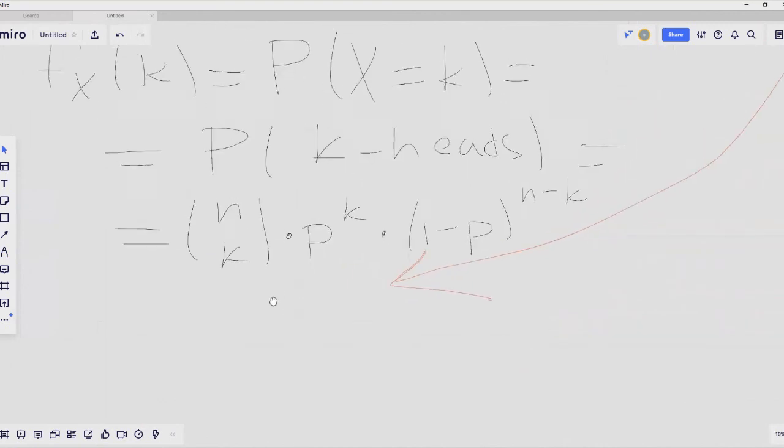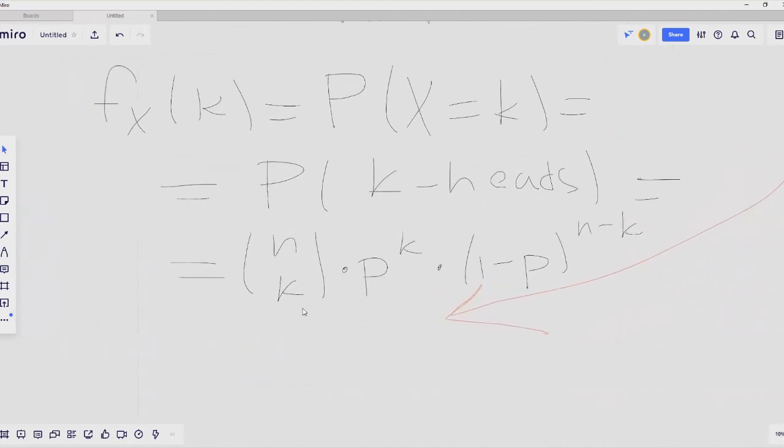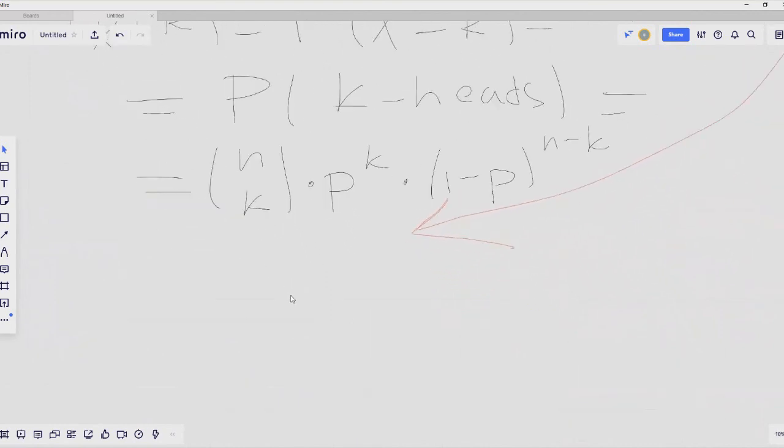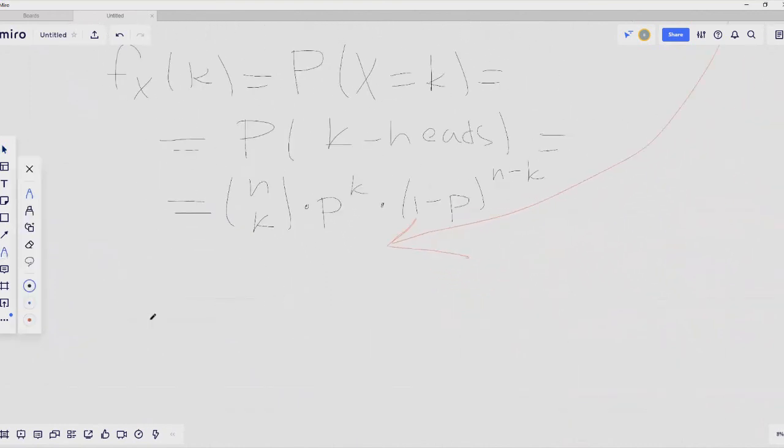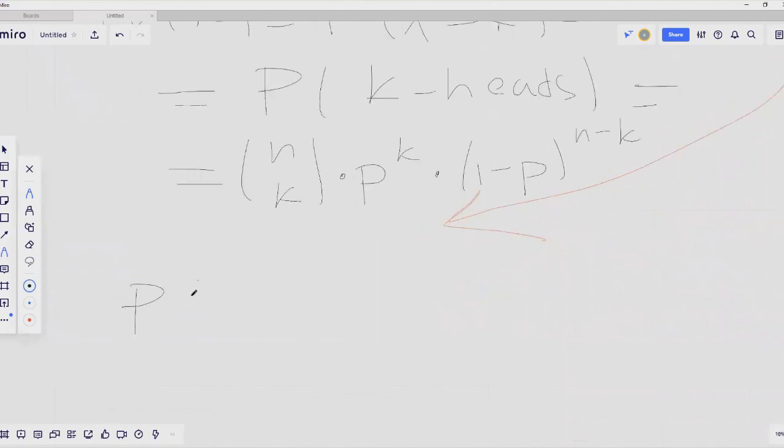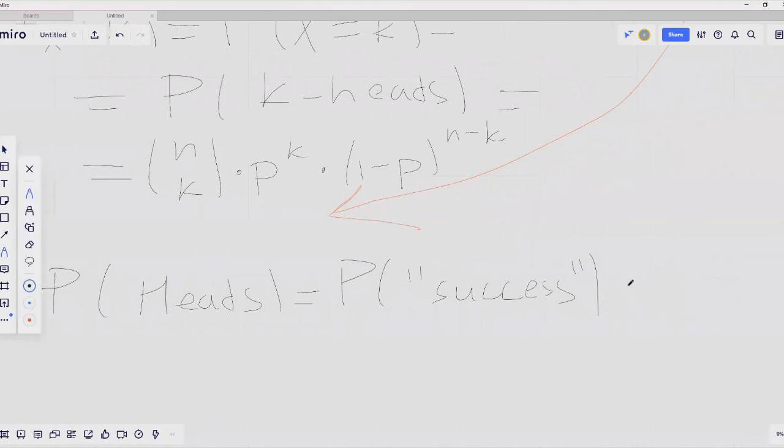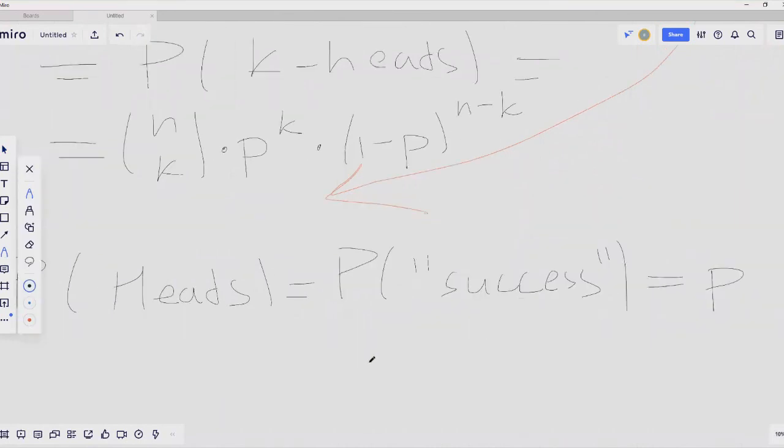Now, we were looking at this problem as a problem of n independent coin tosses. We can generalize further and call our probability of getting heads as a probability of success in our experiment, which was equal to p.